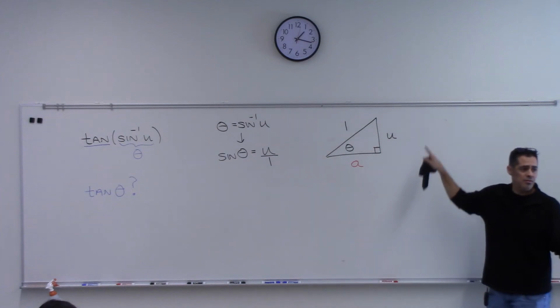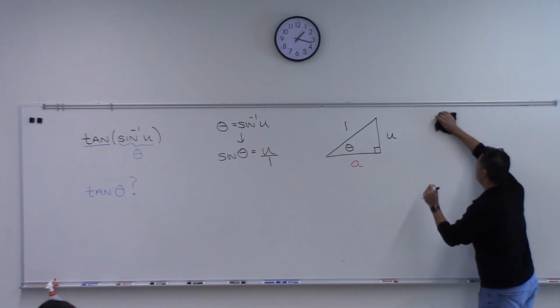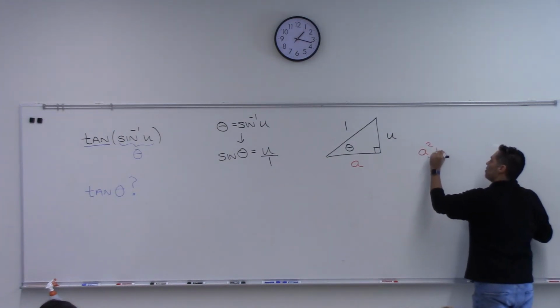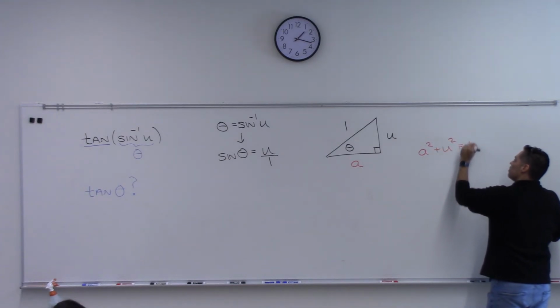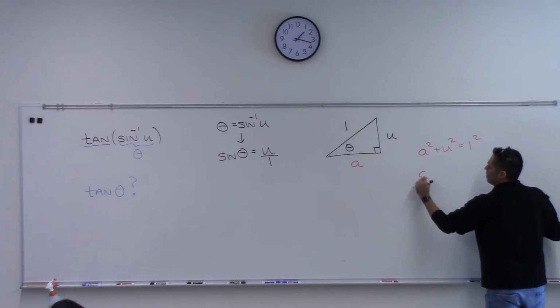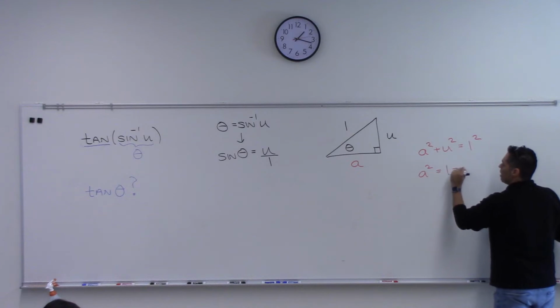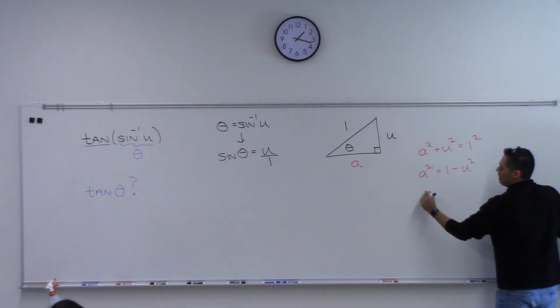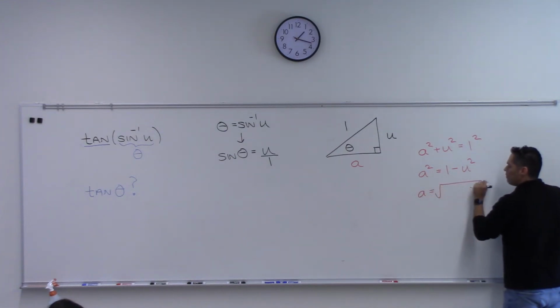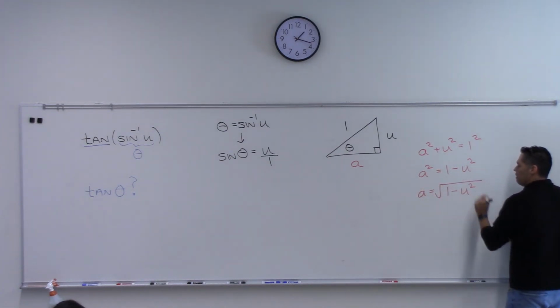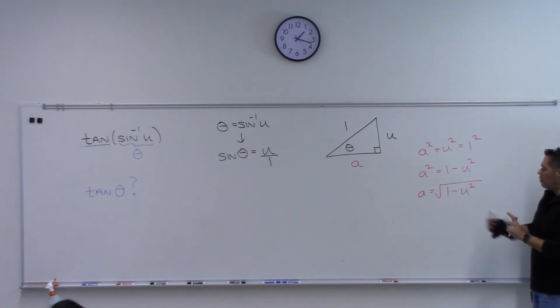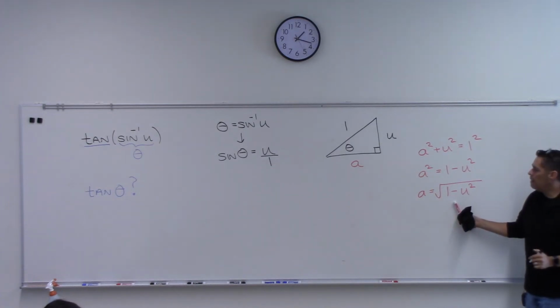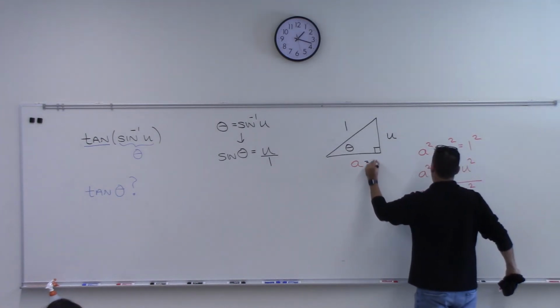I already have two of the three sides, so I write down the Pythagorean theorem: a squared plus u squared is 1 squared. That means a squared equals 1 minus u squared. I'm just solving for a here, moving that over, and taking the square root. That's what a is, so that goes here.